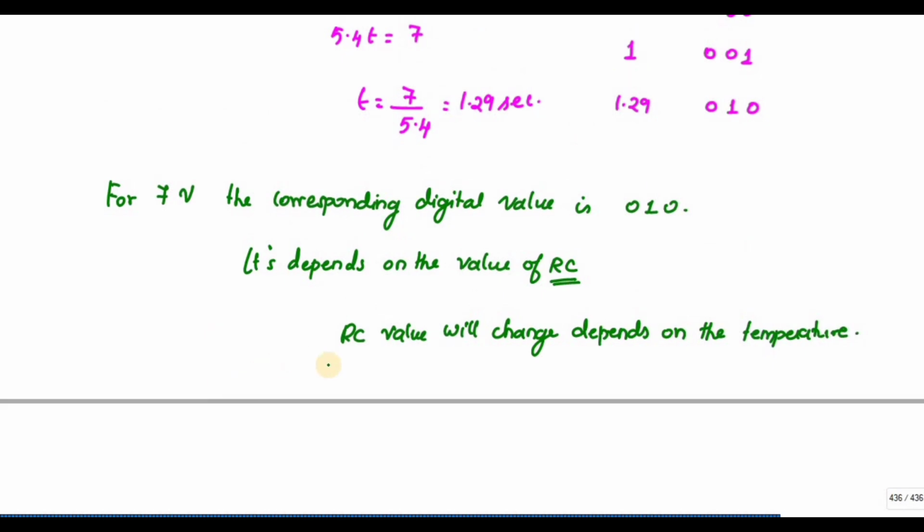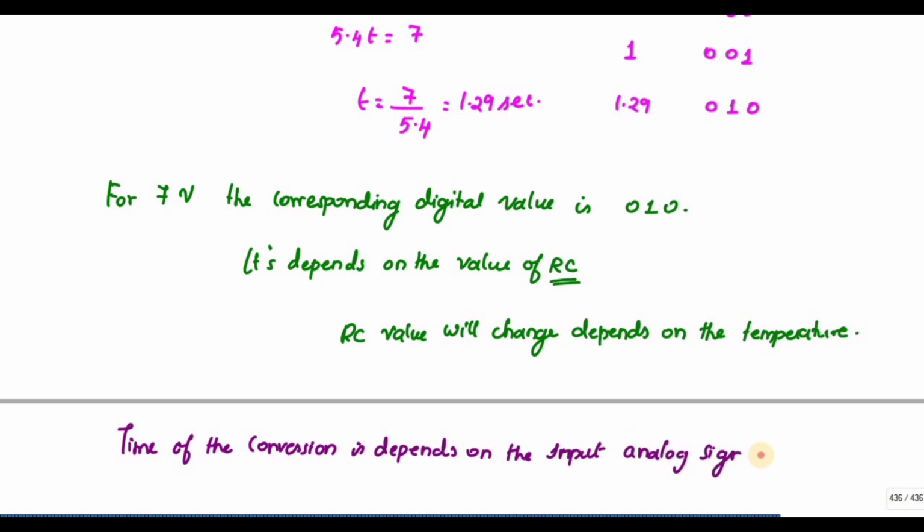Then there is the time of conversion. For 7 volt, it takes 1.29 seconds. For 5 volt, it will take fewer seconds, right? So the time of conversion depends on the input analog signal.